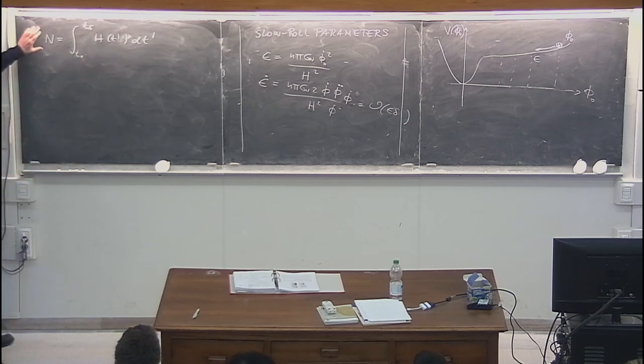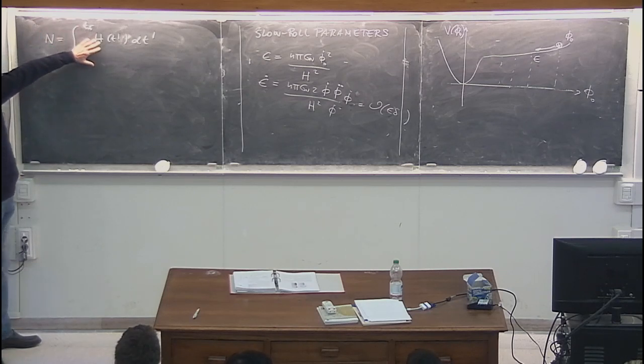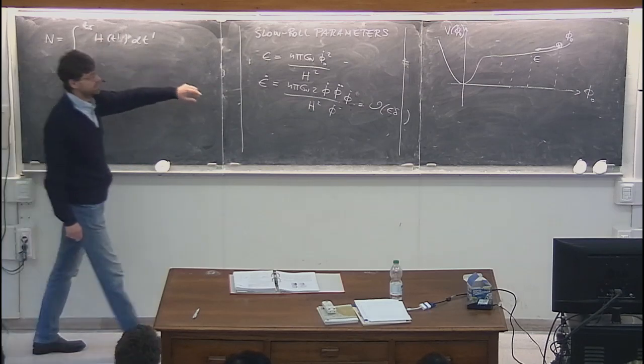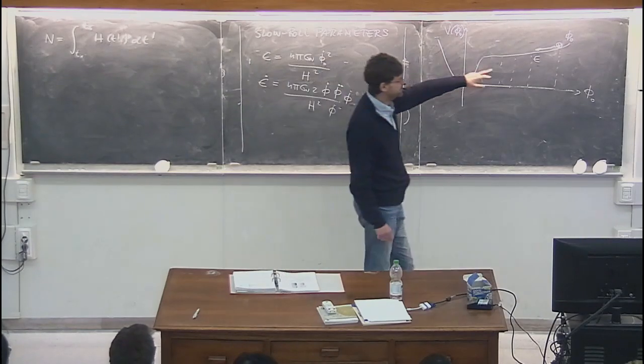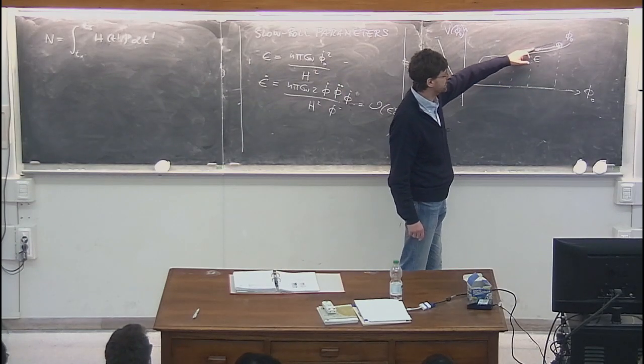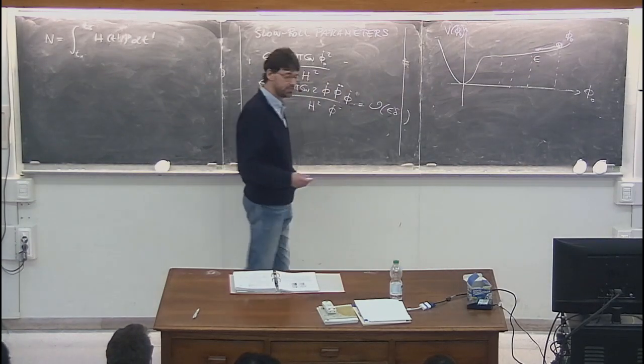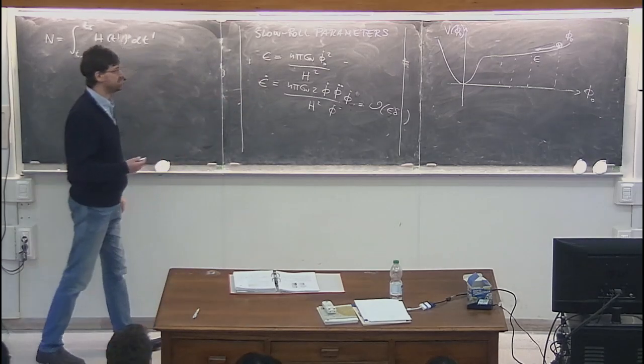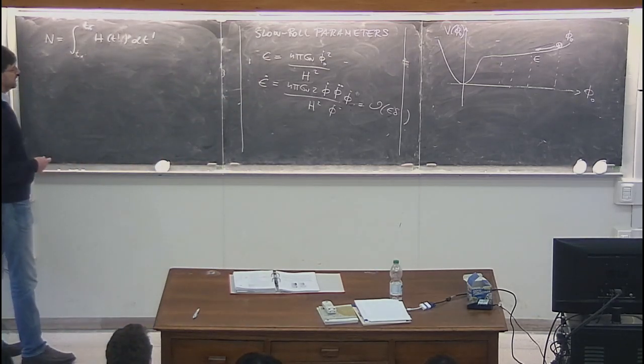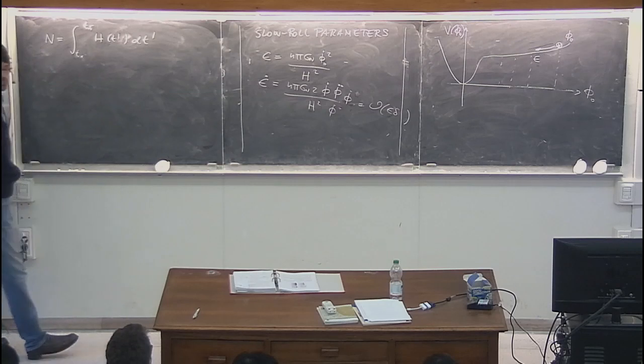Okay, so the total number of e-folds is the integral between the beginning of inflation and the final value of inflation of the Hubble rate, which now is not a constant because you see the potential is not exactly flat. So when the inflaton field is going down, the value of the Hubble rate is changing. It's not changing that much, but it is changing. And then I have to integrate over time.